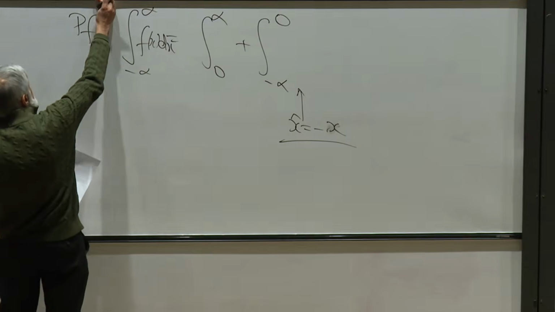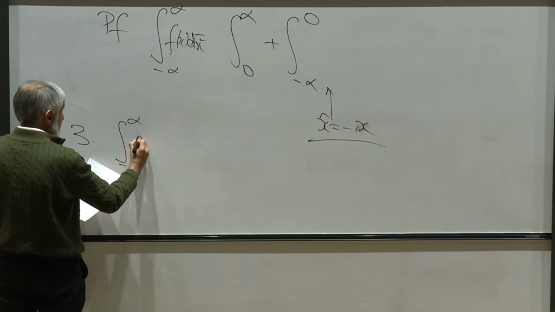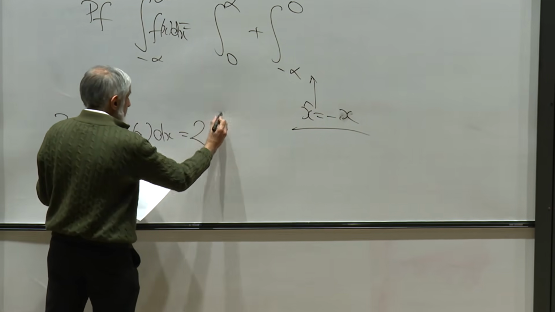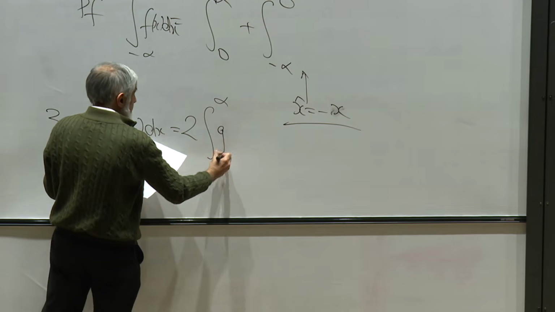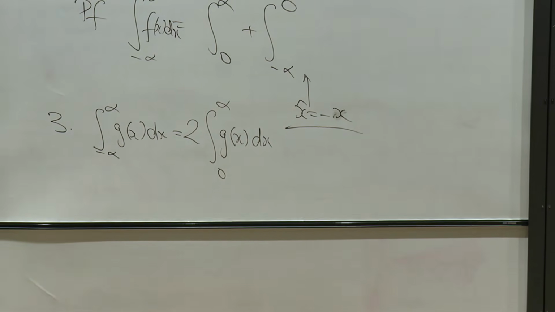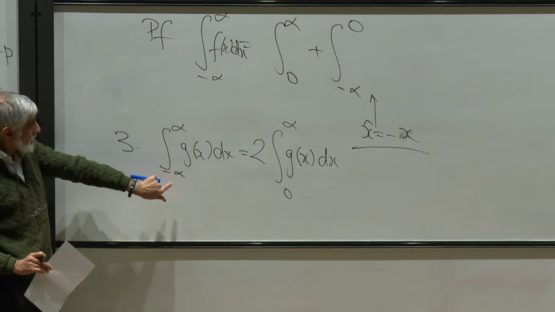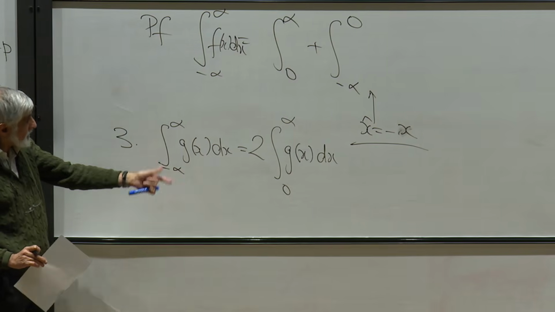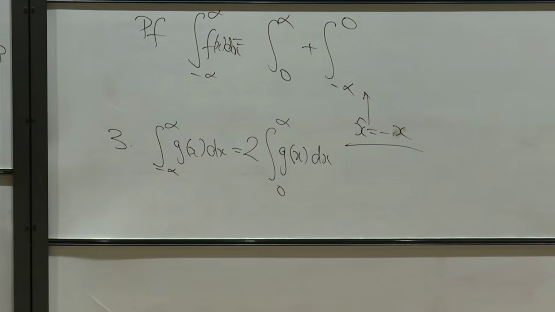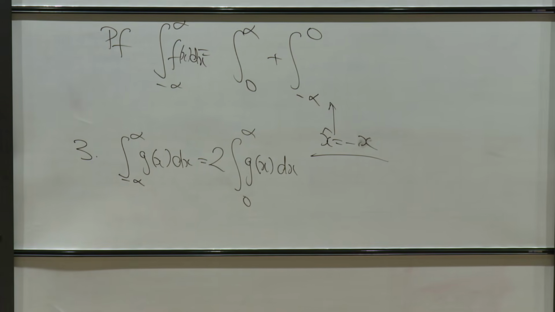And then, in fact, I think this exercise is in the problem sheet. The integral from minus alpha to alpha of g of x dx is equal to 2 times the integral from 0 to alpha of g of x dx. Leave you to prove that. Again, this is even, so the integral from 0 to alpha will be something, and then the integral from minus alpha to 0 will be integrating the same thing again, because it's even.